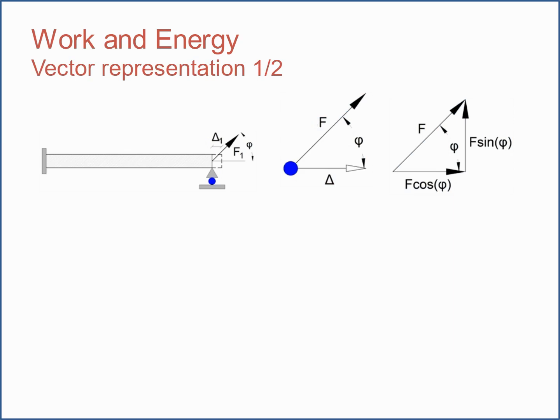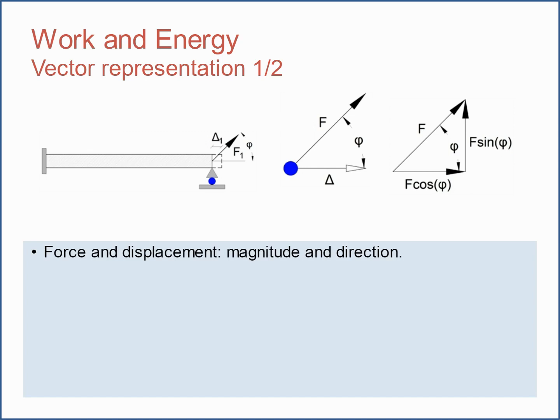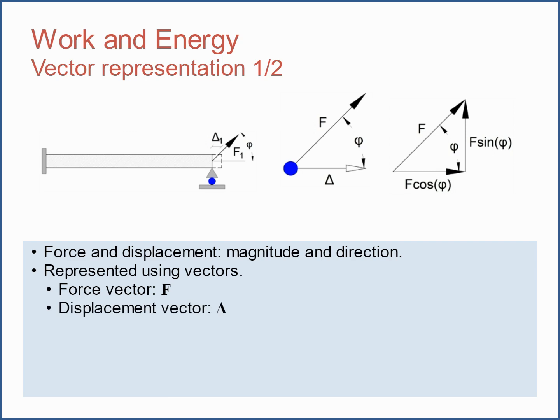A more scientific representation for the applied force and displacement can now be introduced. Both have magnitude and direction. Therefore, they can both be represented using vectors. In the present context, F represents the force vector and delta the displacement vector.